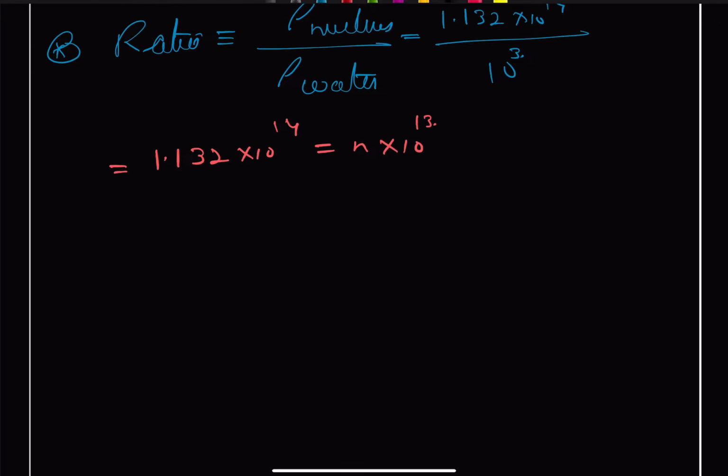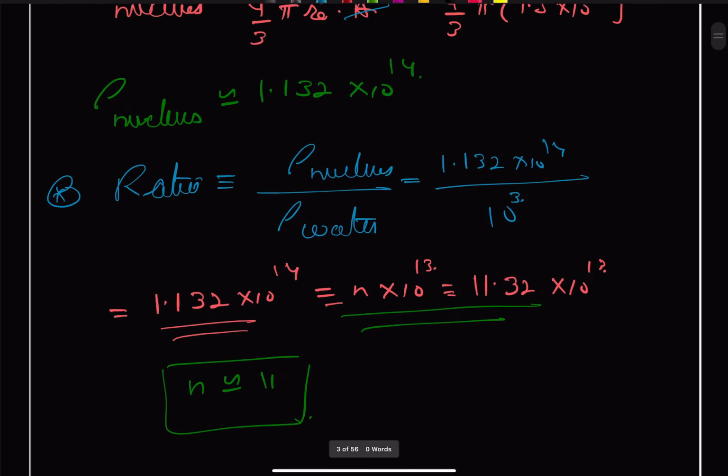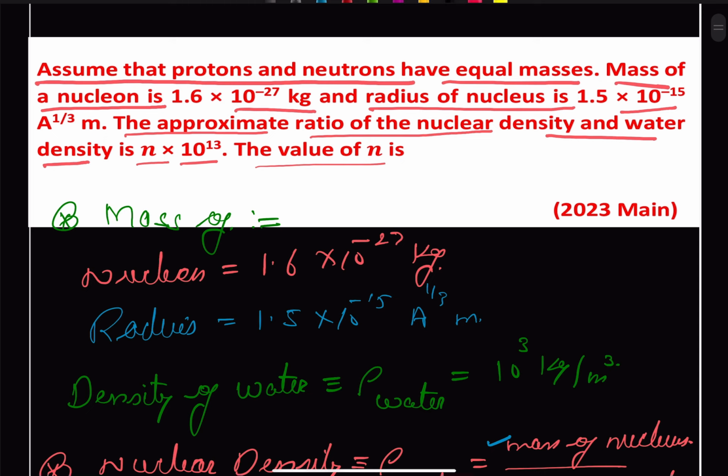So we can change the equation in terms of 13. We can write this as 11.32 into 10 to the power 13. So one-to-one comparison gives us that the value of n is approximately equal to 11. Value of n is equal to 11.